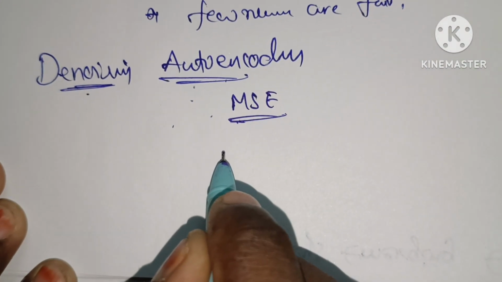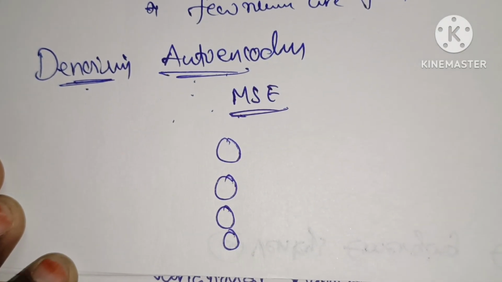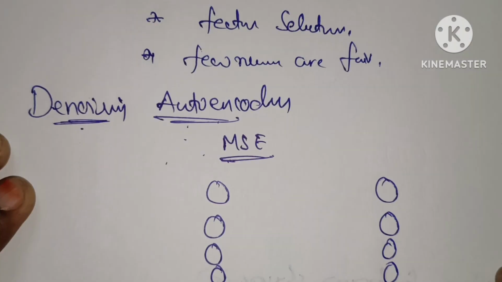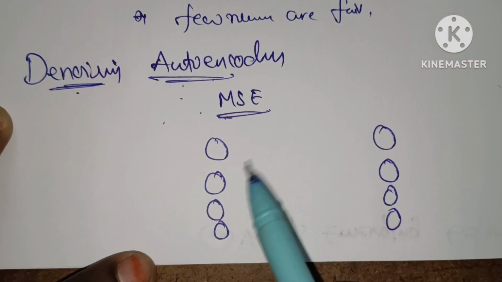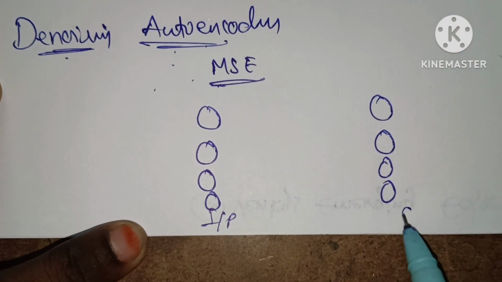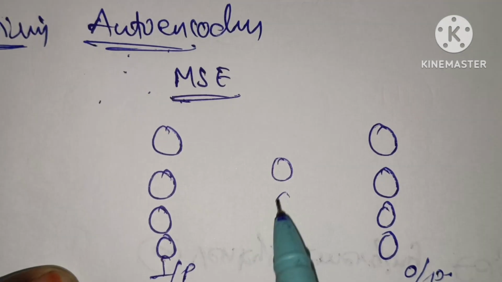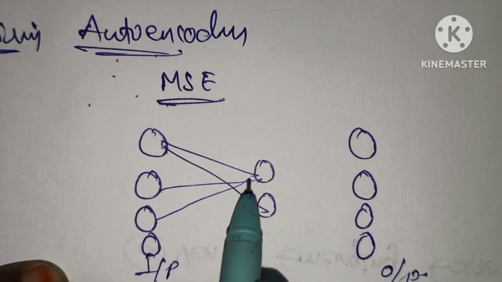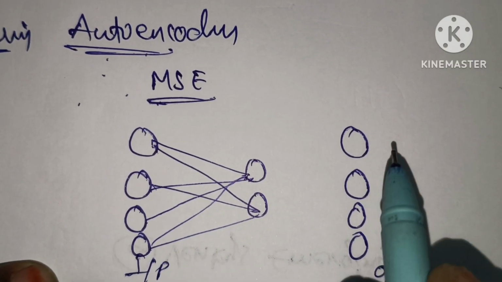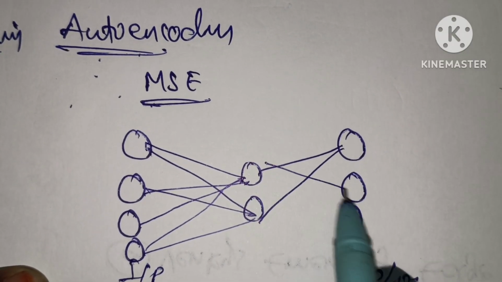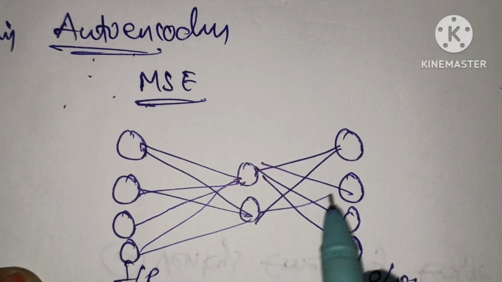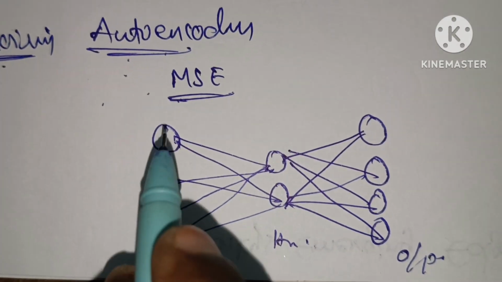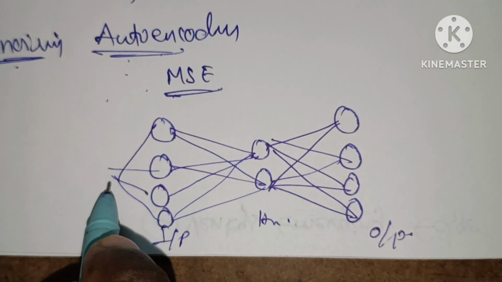For example, how does this process work? For example, these are the input neurons, these are the output neurons, and take the hidden layer. So first he is given an input.